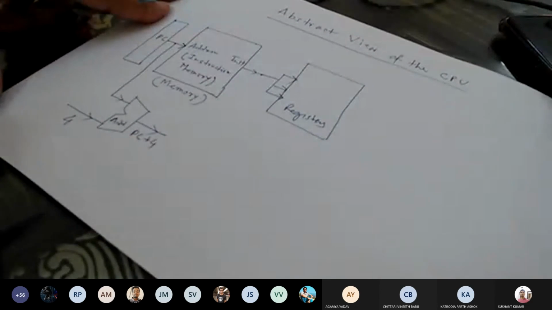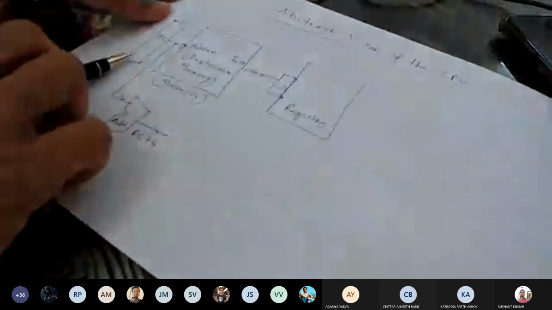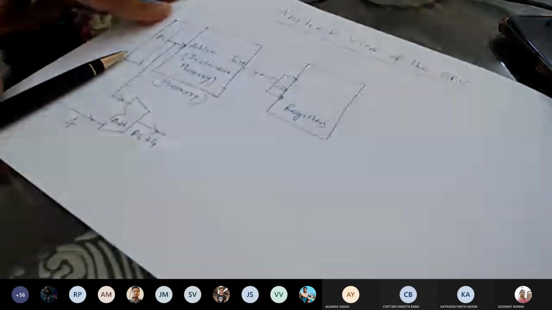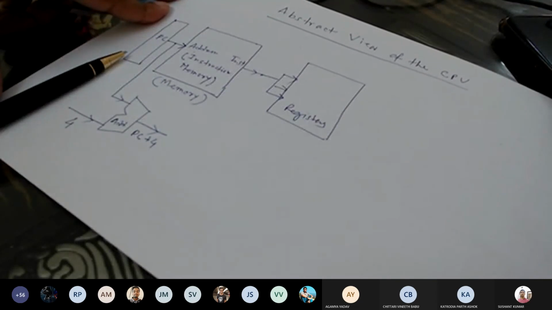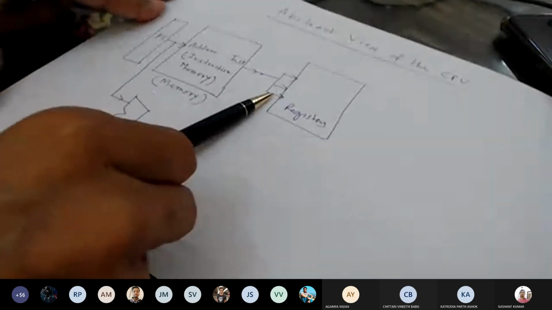So why have I given 3 lines? Can someone tell me why I have given 3 lines? Why these 3 lines? 1, 2, 3.